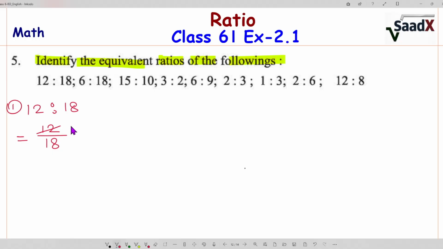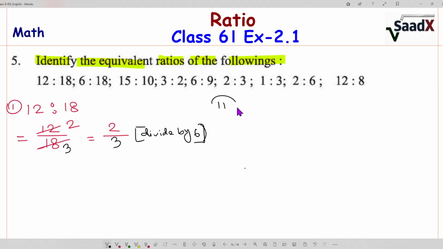So here is 2, here is 6, so 2 by 6. Is it okay? No, it's not okay, because 18 divided by 6 is 3. So here is 3. So we can write divide by 6.